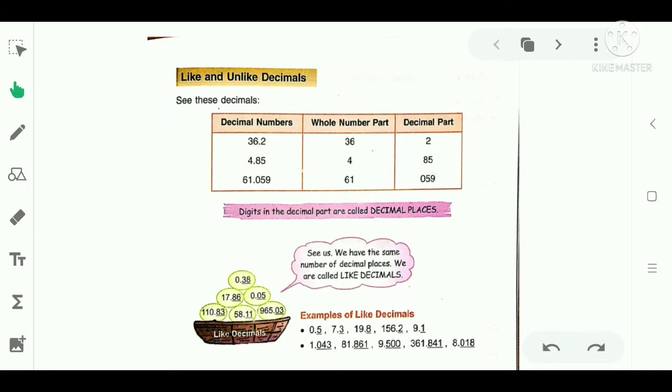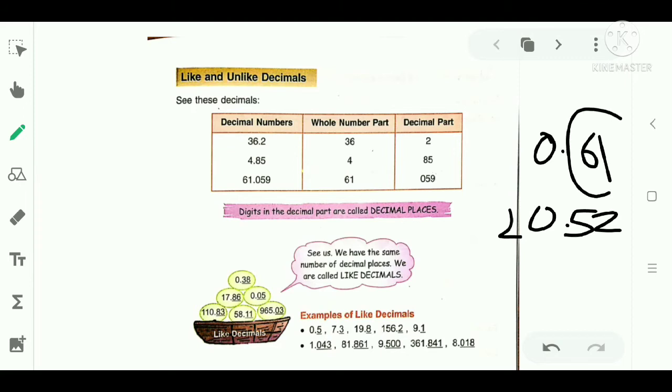If I give you an example like 0.61 and 20.52, look here students, is it like decimals or not? How to check that? Check the numbers that come after the point.